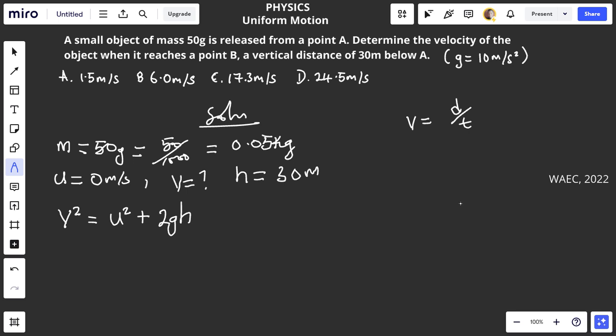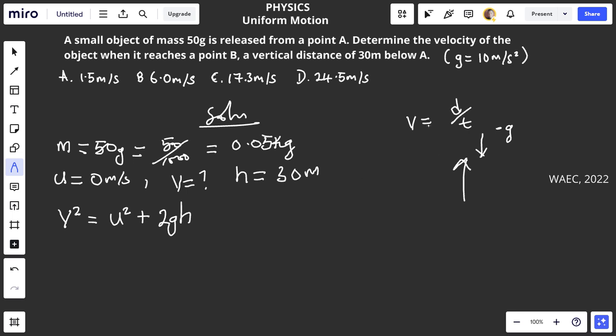So when a body is thrown vertically upwards, acceleration due to gravity will be acting against that body, in the opposite direction. So it will have a negative acceleration due to gravity. So if the body was thrown vertically upward, this plus here would have been minus.